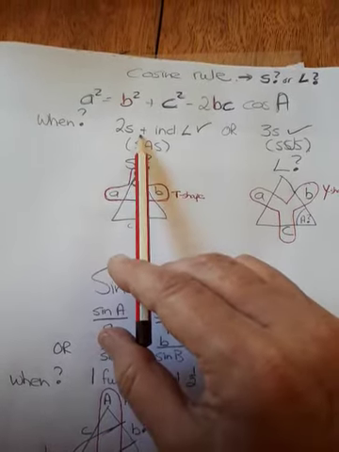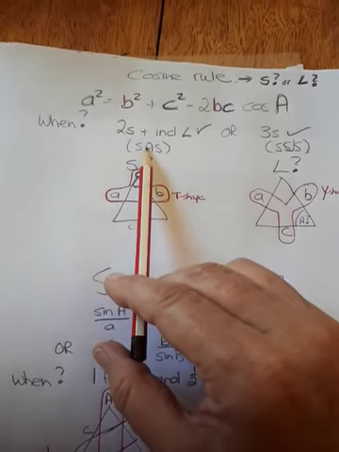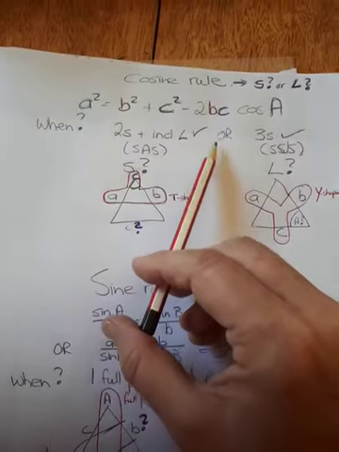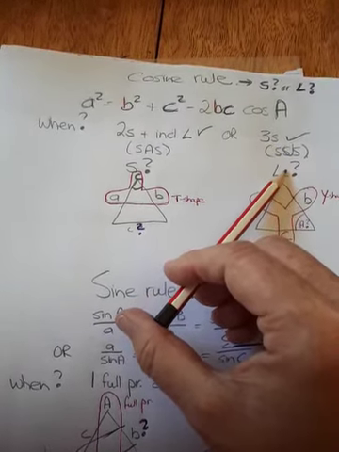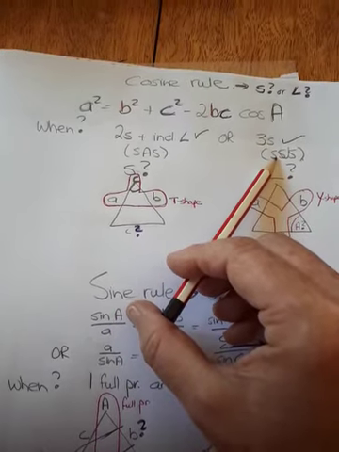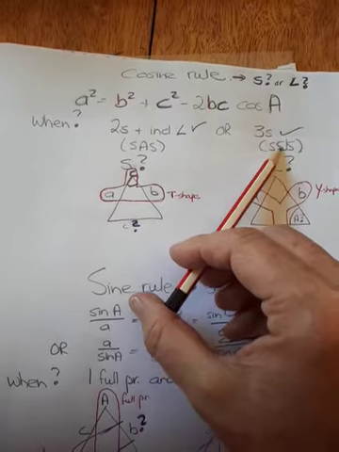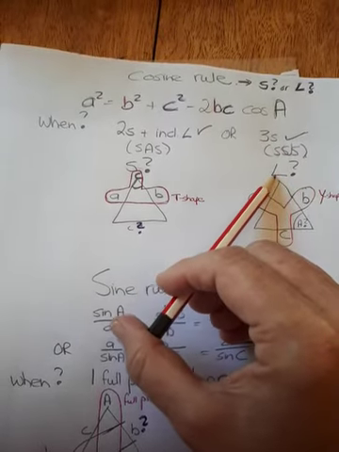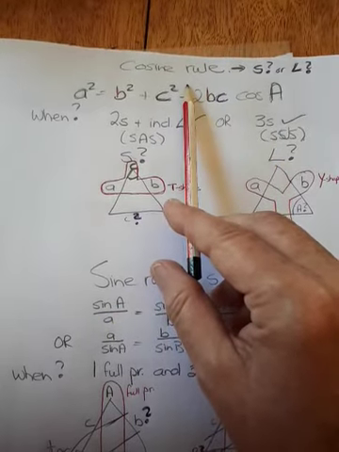So importantly, remember SAS. Okay. Side, angle, which is included, and side. Or we use it when three sides are given and an angle is being asked. So remember the abbreviation SSS, standing for side, side, side, and then obviously only an angle can be asked. That is the cosine rule.